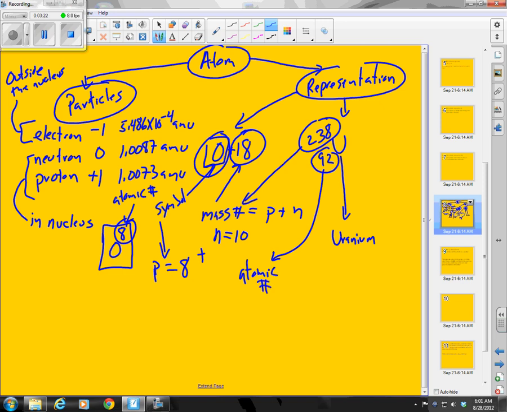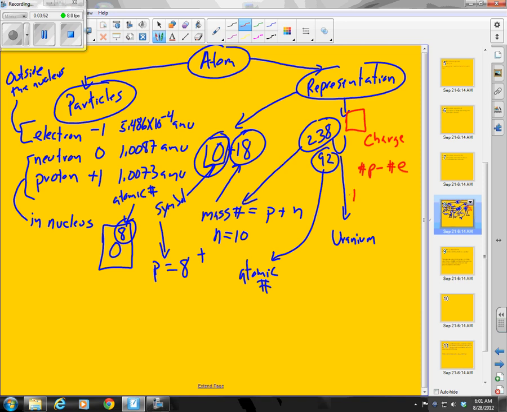Now, sometimes we see some positives or negatives up here. And what does that mean? That means I have a charge on the atom. That means that the number of electrons and protons are not the same. So what is my charge? The number of protons minus the number of electrons is my charge.